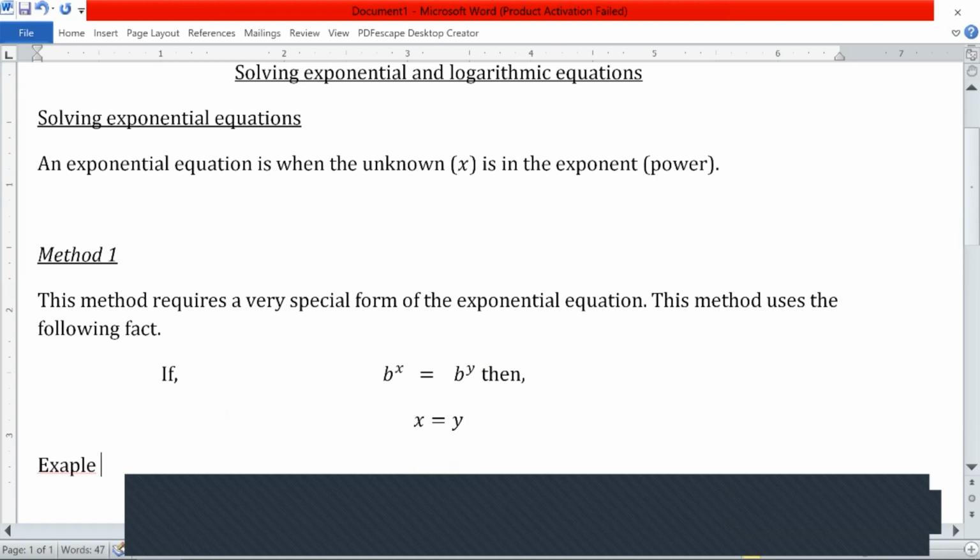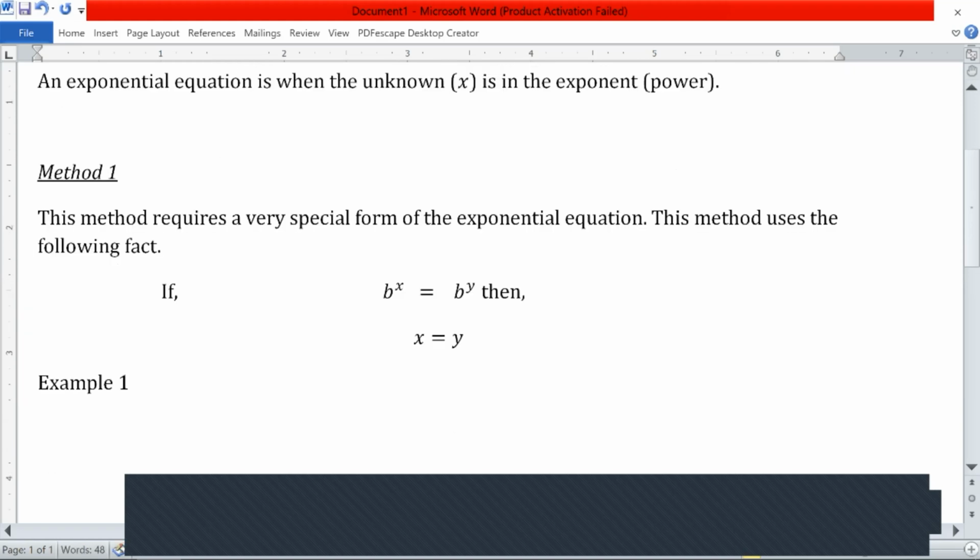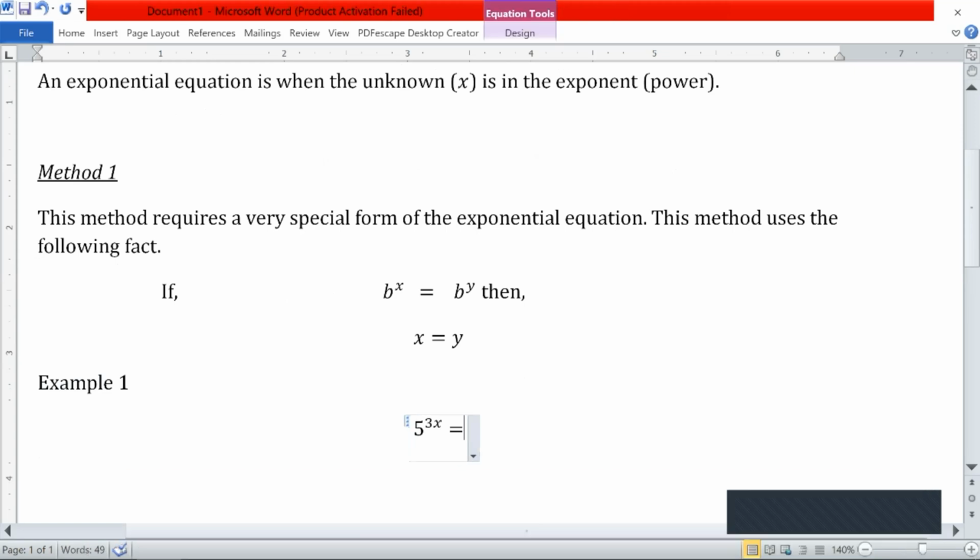Example 1. Say you want to solve this. Look at this equation: 5 to the power of 3x is equal to 5 to the power of 7x minus 2.